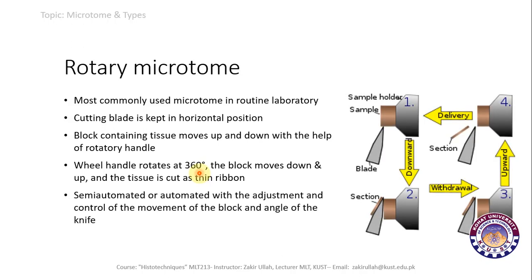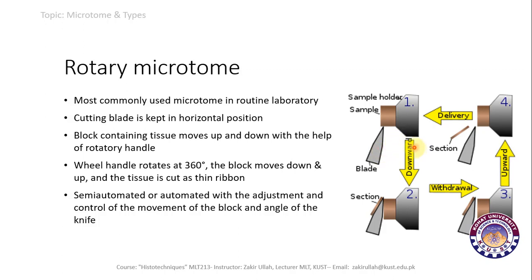Semi-automated or fully automated rotary microtomes are available, with adjustment and control of the movement of the block and the angle of the knife. Here we can see in this picture the sample holder and the sample, and the blade is fixed in a horizontal position.